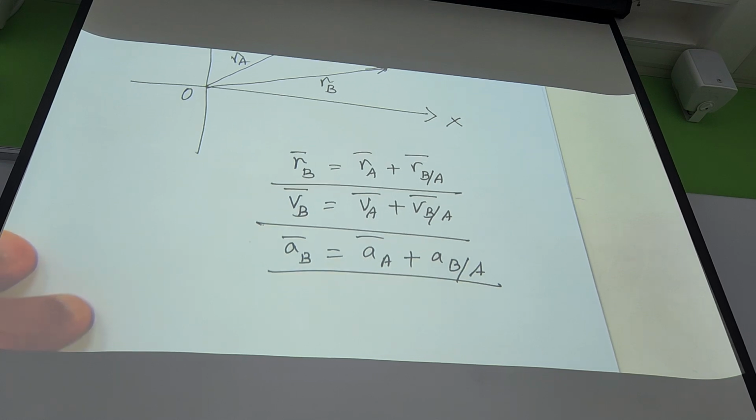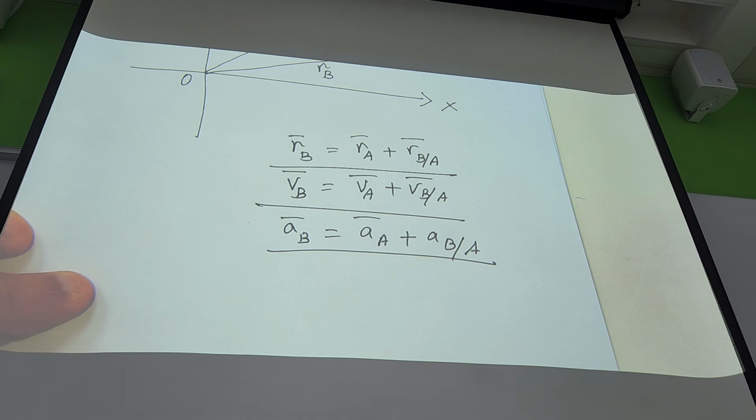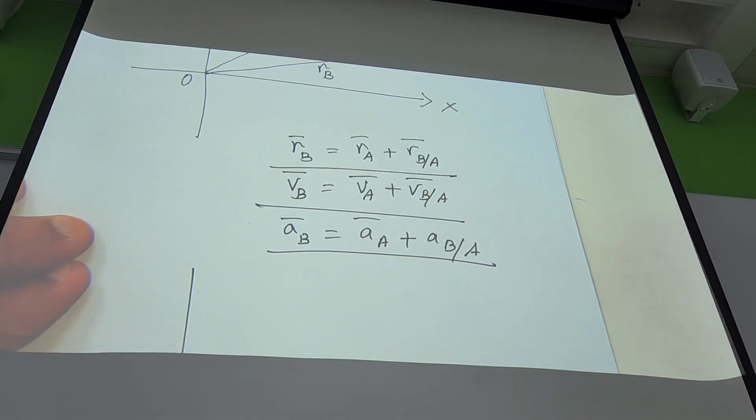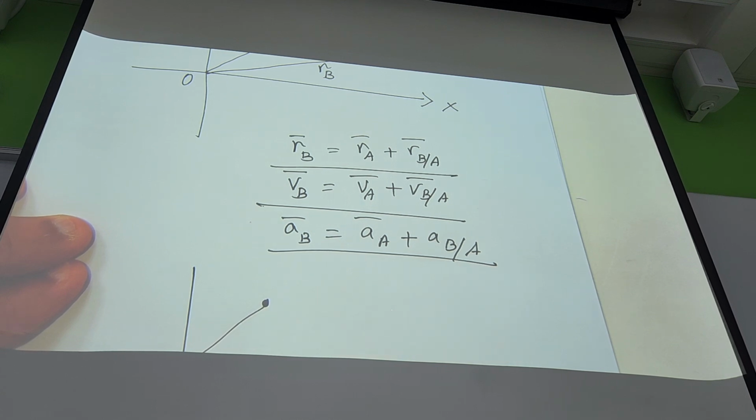But now when you are dealing with acceleration of B, you have both a normal component and a tangential component. For example, let us say a simple link, this is link 2.